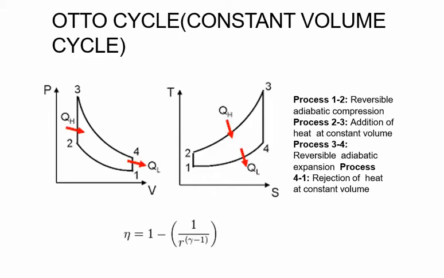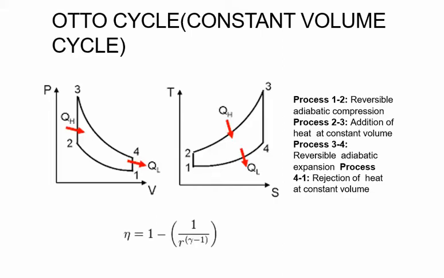Then the 3 to 4 process is reverse adiabatic expansion. Then the fourth process is rejection of heat at constant volume. Here QL, the heat at lower temperature, is being released.